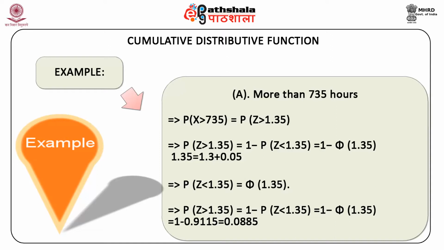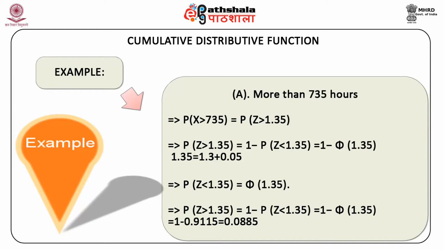Further, we know that 1.35 is equal to 1.3 plus 0.05. We look at the intersection of the row corresponding to z is equal to 1.3 and column that corresponds to 0.05. The corresponding cell gives probability which is equal to 0.9115, which gives the probability that z is less than 1.35, equal to phi 1.35.